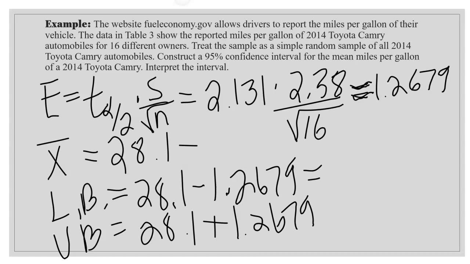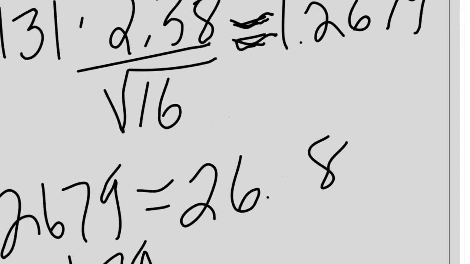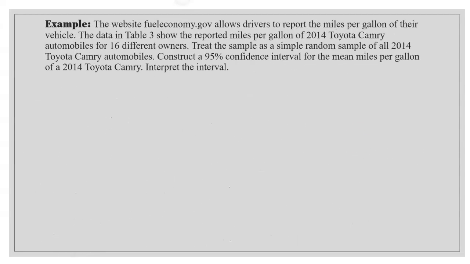So when you work that out, you end up getting 26.83 for the lower bound, and the upper bound ends up being 29.37. Sorry, that zoomed in, but my lower bound is 26.83 and my upper bound is 29.37.